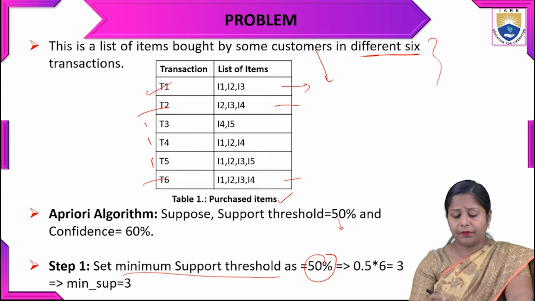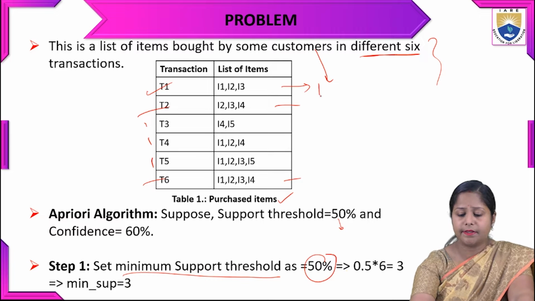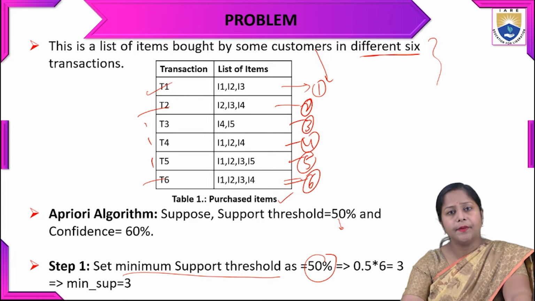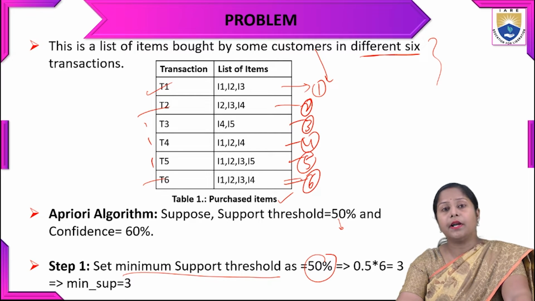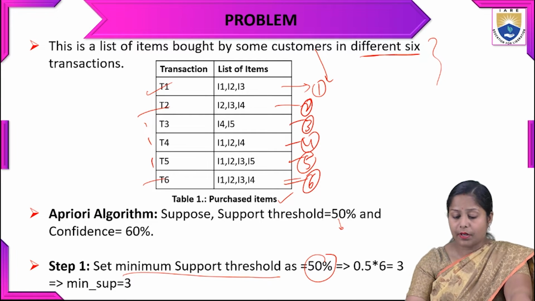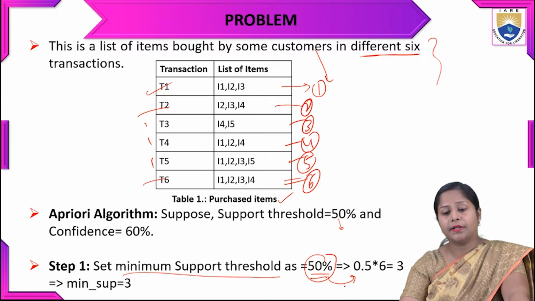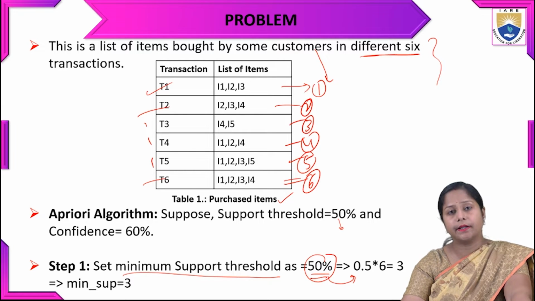We have set the 50%, and there are 6 transactions: 1, 2, 3, 4, 5, and 6. Now we will calculate the actual minimum support count. The 50%, in the form of a number, because it is a percentage, will be 0.5.